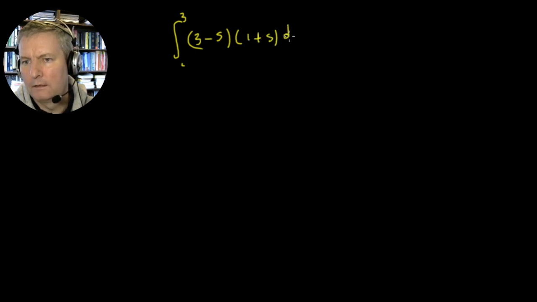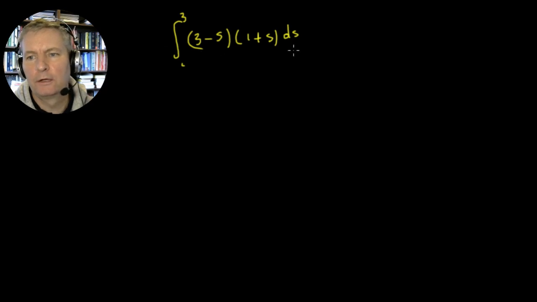So let's look at this example here. We're going to have the integral from 2 to 3 of 3 minus s times 1 plus s all by ds.